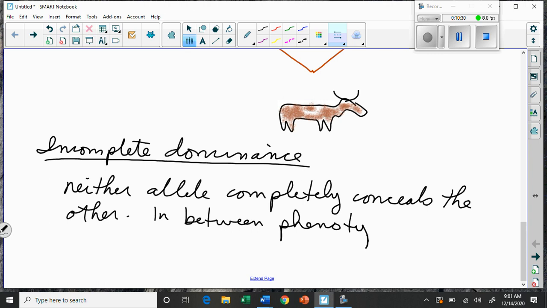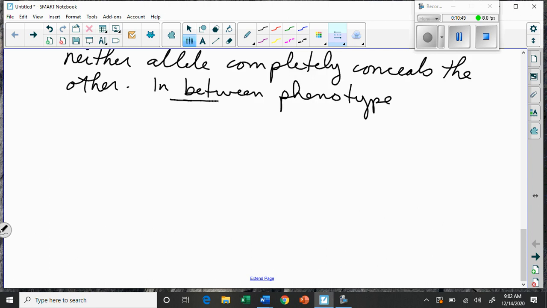You'll notice that the above cow in codominance is still brown and white. It's not a shade of medium brown. It's actually brown and white because both are expressing themselves. But in this case, the in-between phenotype occurs.